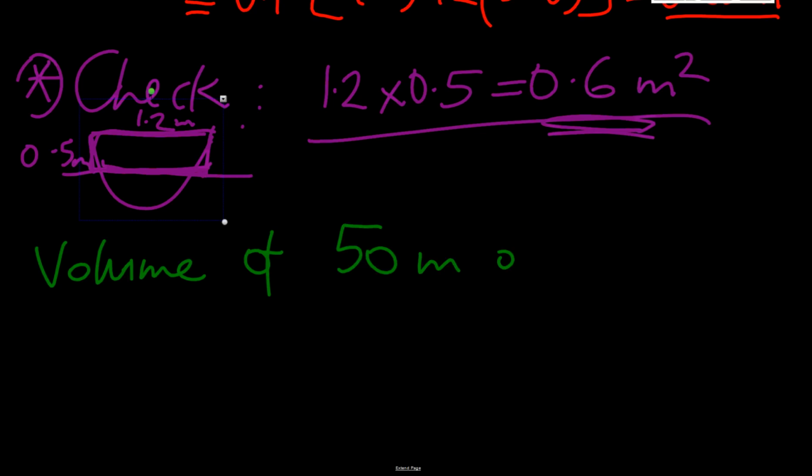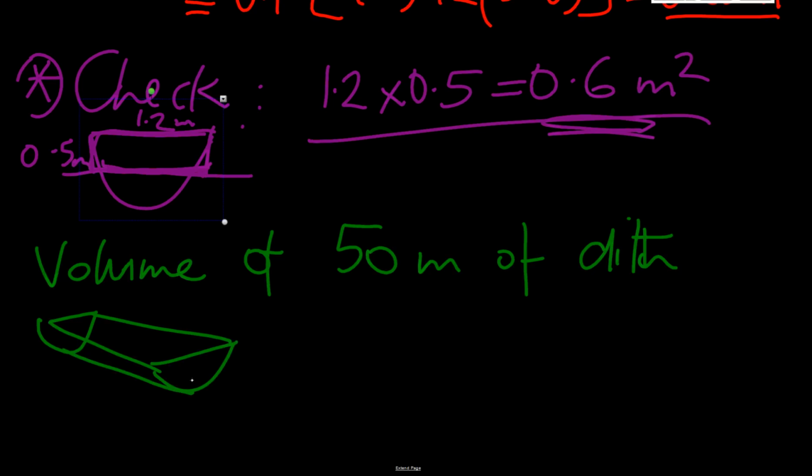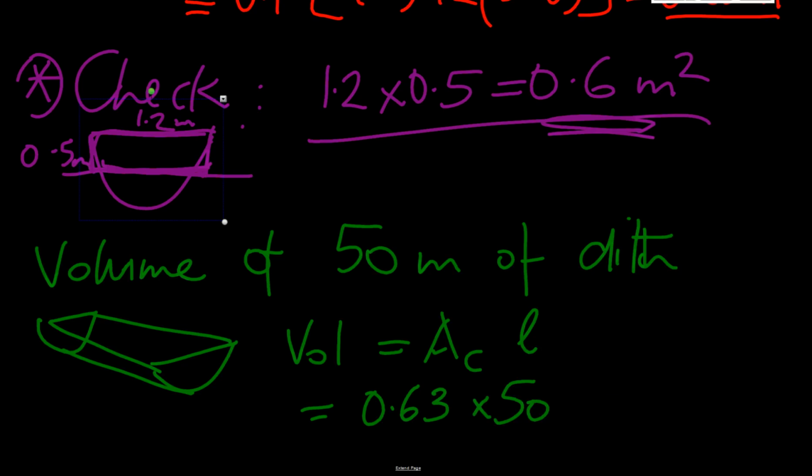Here we worked out our cross-sectional area estimate of 0.63, and the length is 50. So the answer we're going to get is 31.5 meters cubed. Yeah, we'll check that you've got the right dimension there. So that's pretty straightforward. How many marks do we get for that? We get 5 marks for that.